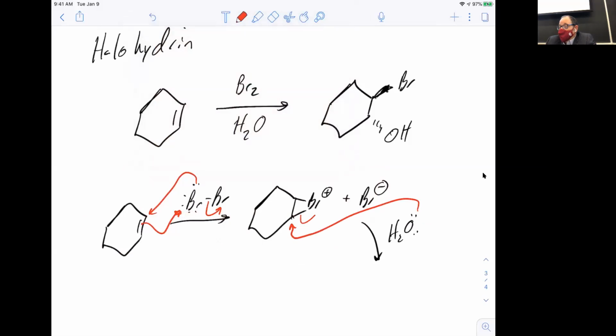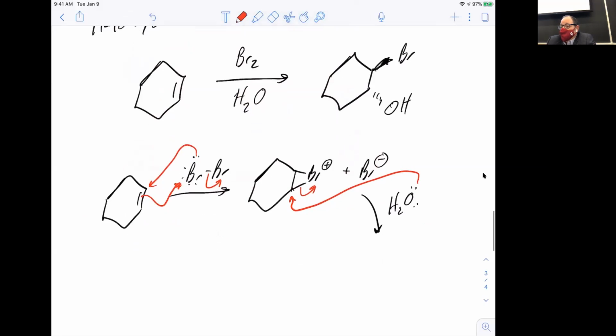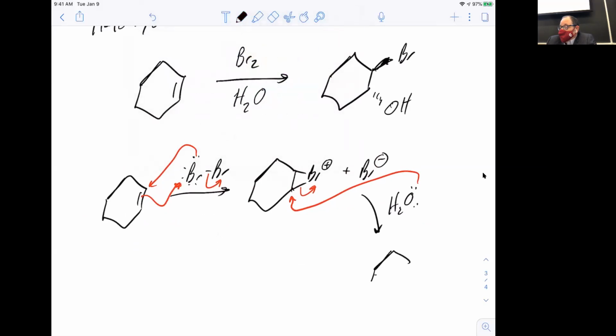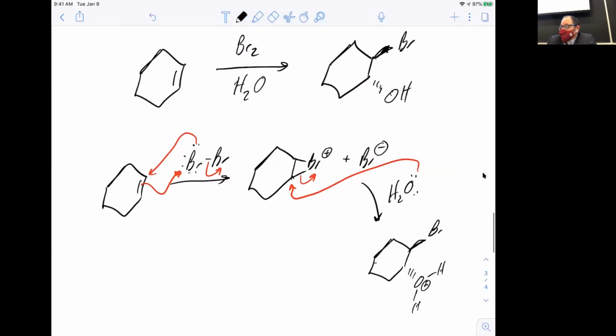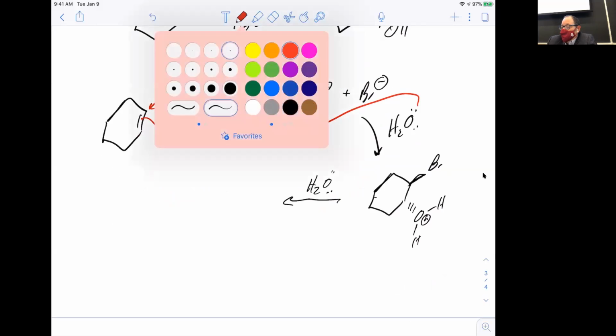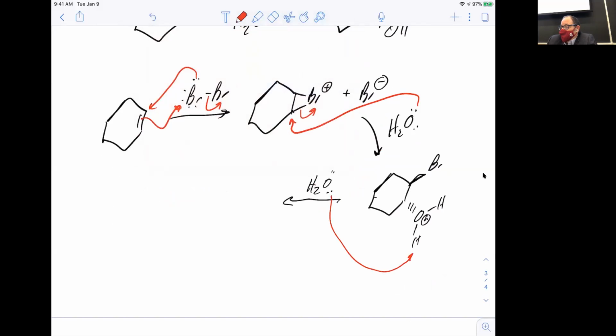So the water comes in, attacks the bromide. We add the water to that reaction, and we need a proton transfer to finish it. So we'll add more water. We've got plenty of water. So that picks up the proton.